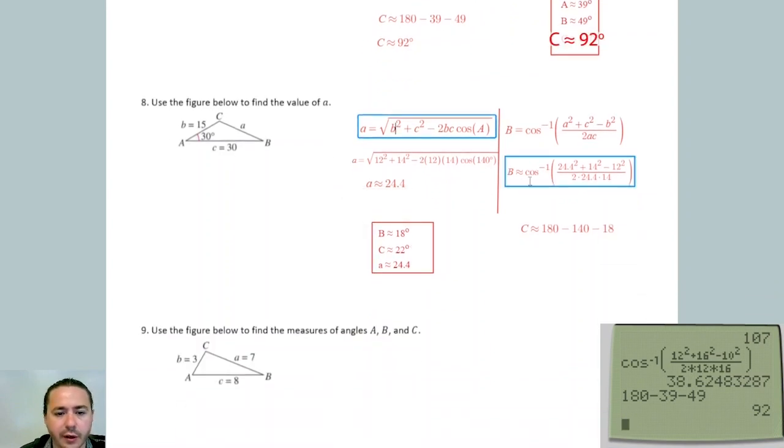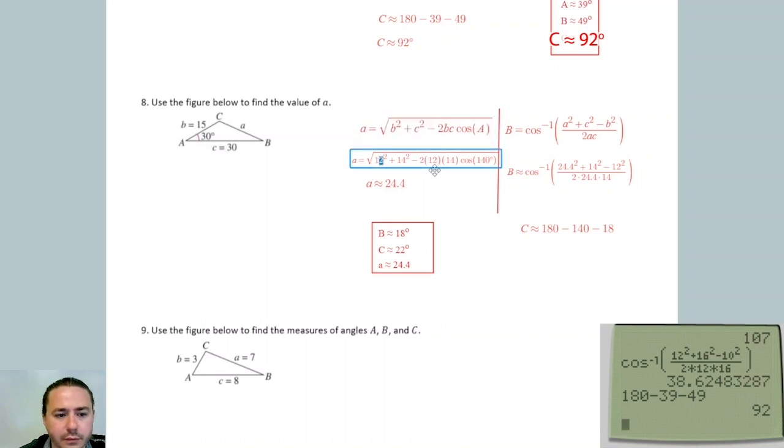So let's see here. Side B is 15. Side C is 30, minus 2 times 15 times 30 times the cosine of 30. Actually, I might be able to get away with using no calculator here, because cosine of 30, well, I take that back. Cosine of 30 is going to be root 3 over 2, so that's going to be a mess.